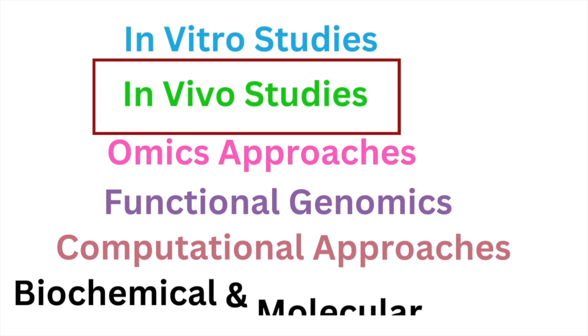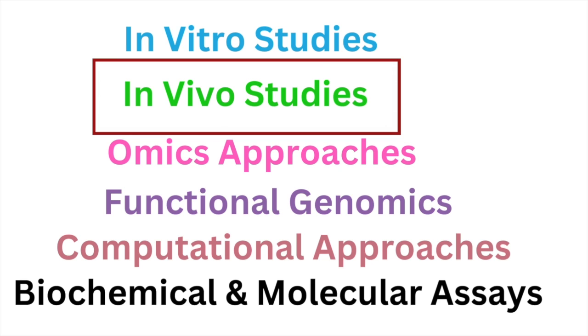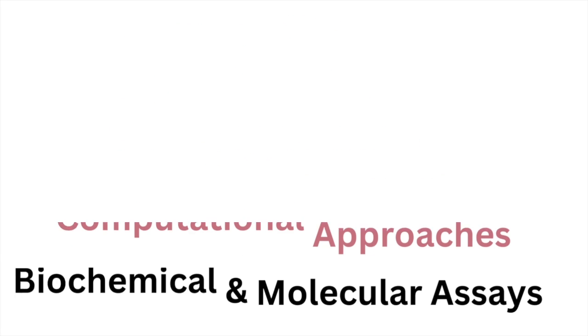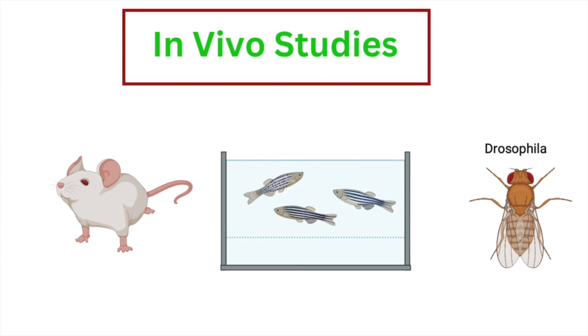Now we can look at a second method for studying gene mutations, and this one is in vivo studies, or inside whole living system studies. So typically you have animal models. Here, genetically engineered animals such as mice, zebrafish, or Drosophila can be created to carry the mutation.